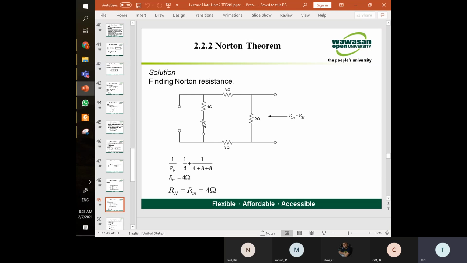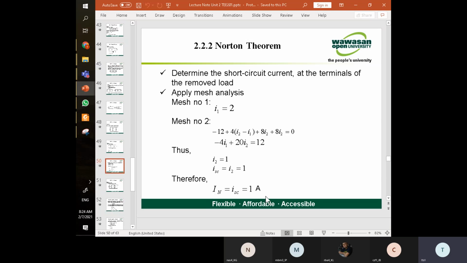Voltage source is replaced by a short circuit, current source becomes open circuit here, so we can ignore this part. We just focus on these four components. So we slowly use circuit analysis techniques. We reduce these four resistances into 4 ohm.